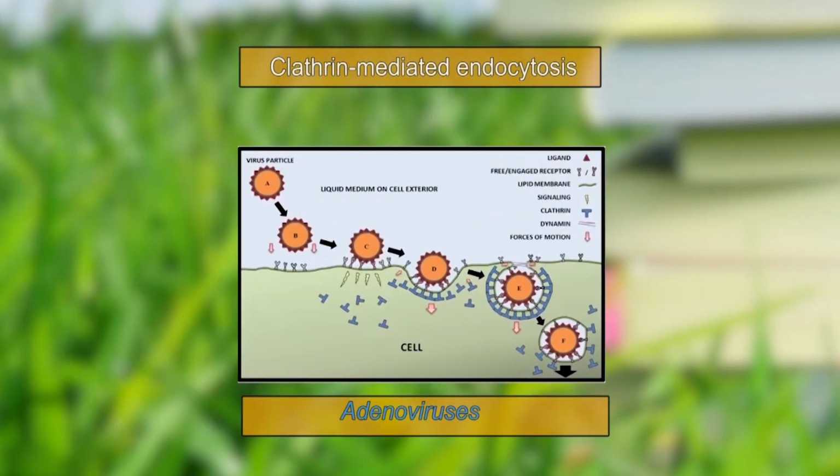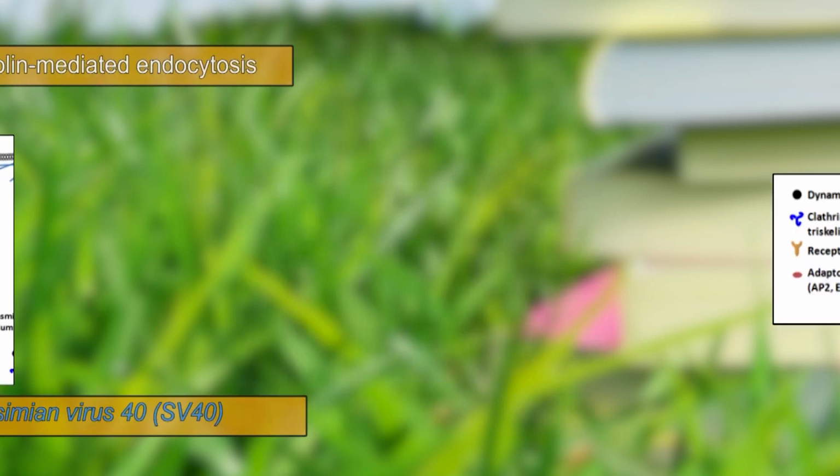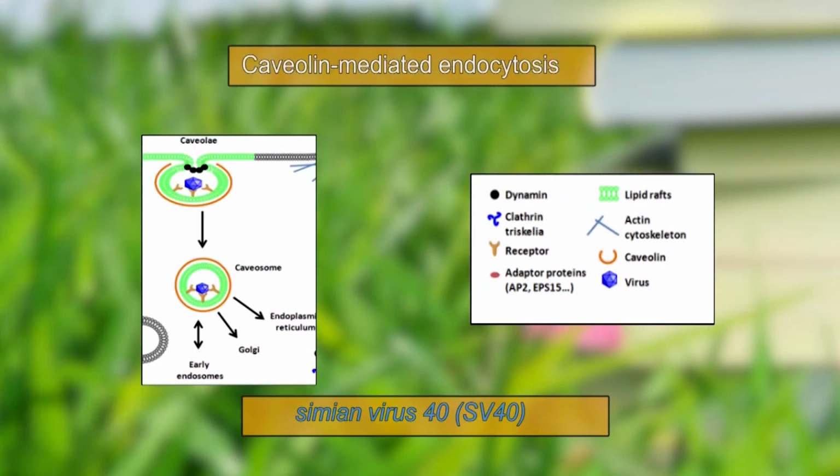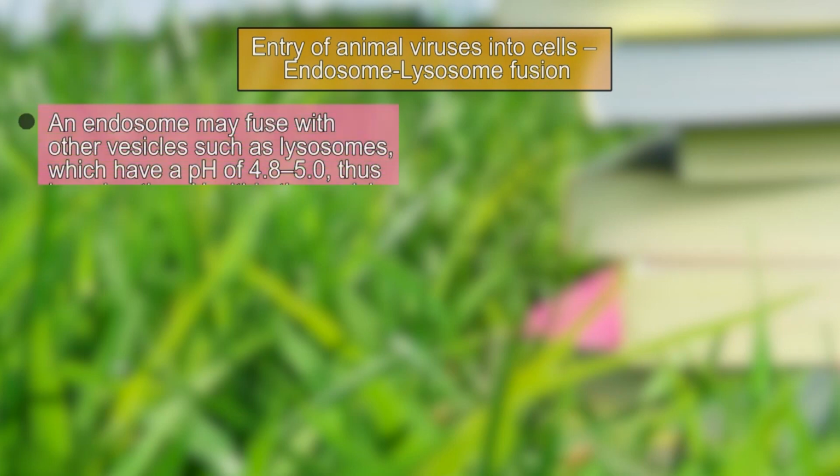Now here is the example of adenovirus. We can see that it uses clathrin mediated endocytosis, and SV40, that is simian virus 40, uses caveolin mediated endocytosis. When the virus is engulfed within the endosome, it then fuses with other vesicles called lysosomes, forming the endolysosome.